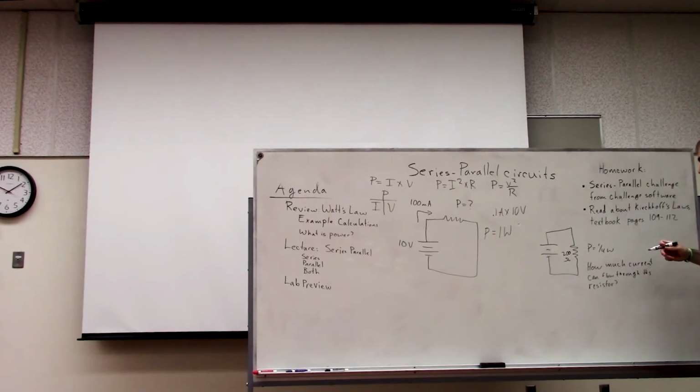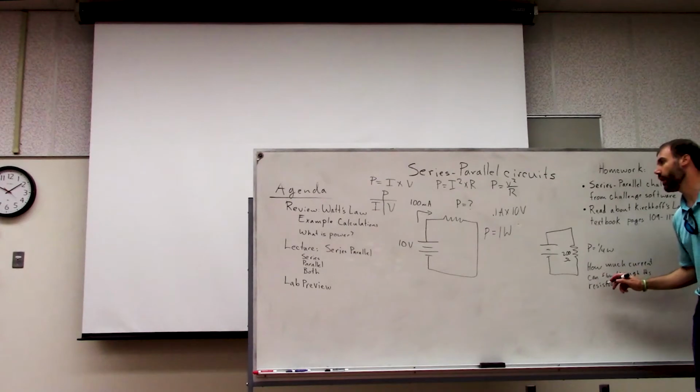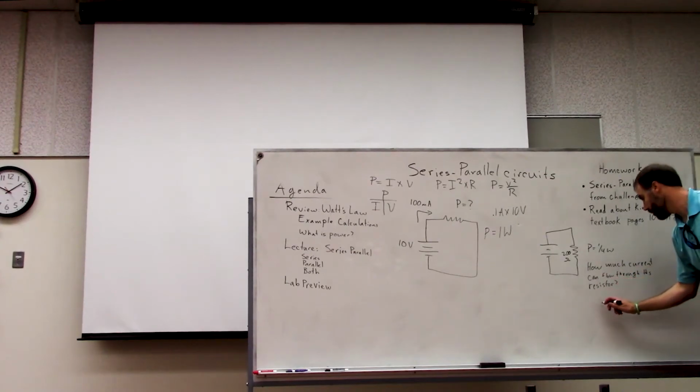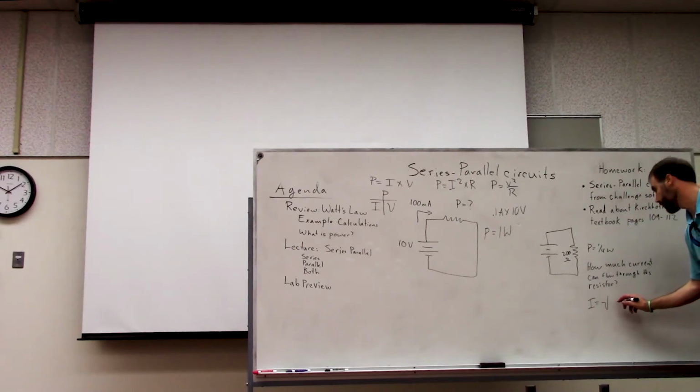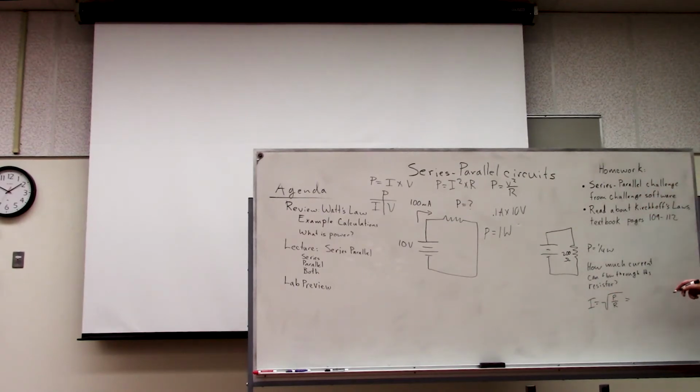So in this case, we can say I is the square root of P over R. So that is the square root of 0.25 divided by 200.